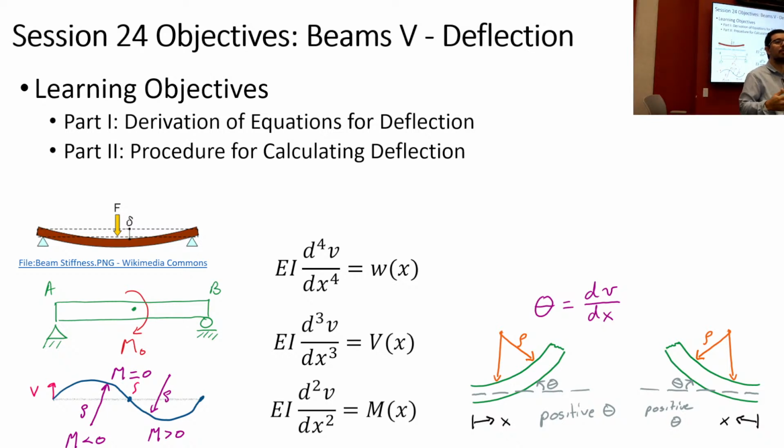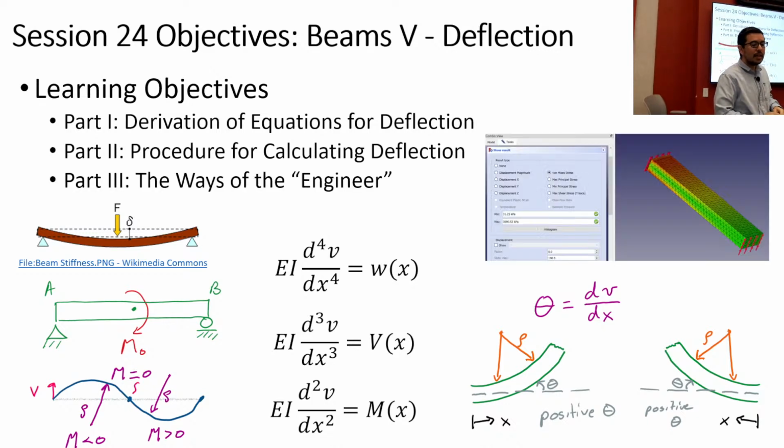Okay? We'll then get into how we go about calculating deflections across the beam. So we'll talk a little bit about the process and a little bit about what we need to keep track of. Okay? And then the third part will be an example of using finite element analysis, which we get to do again, all right? This time, though, you're going to be happier, okay?